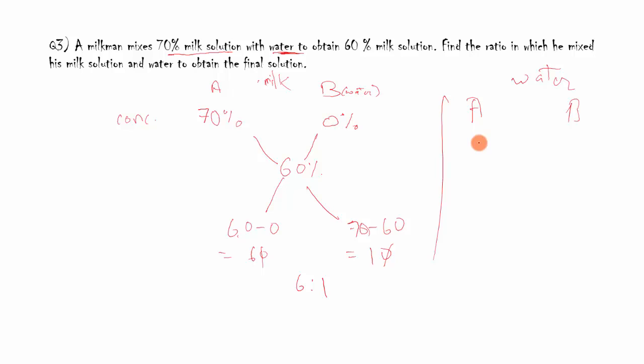Since it is a 70% milk solution, the rest, 30%, would be water. The second solution is pure water, so the concentration of water is 100%. We mix 30% and 100% and get a 60% milk solution, that is, a 40% water solution.